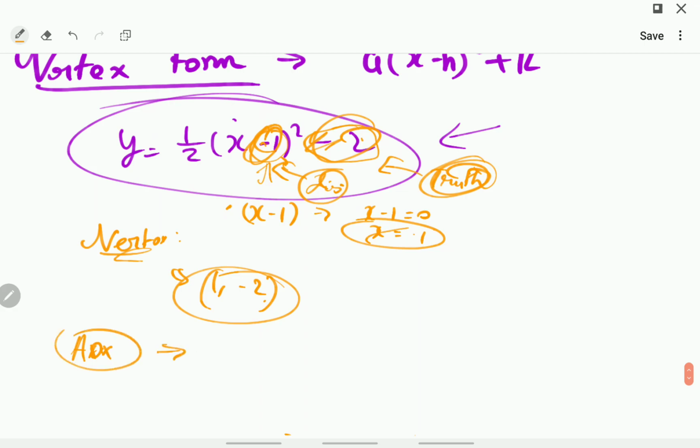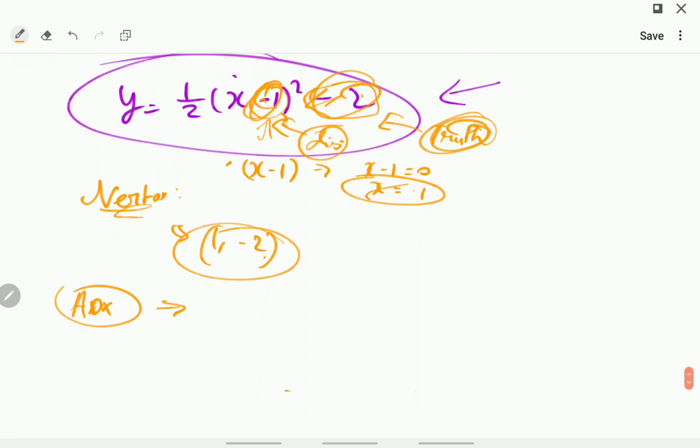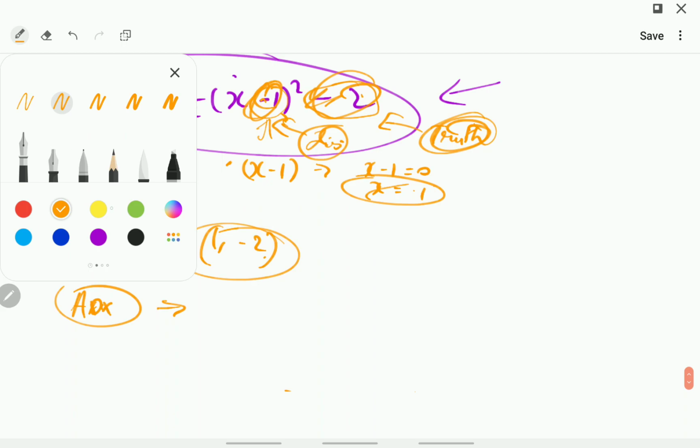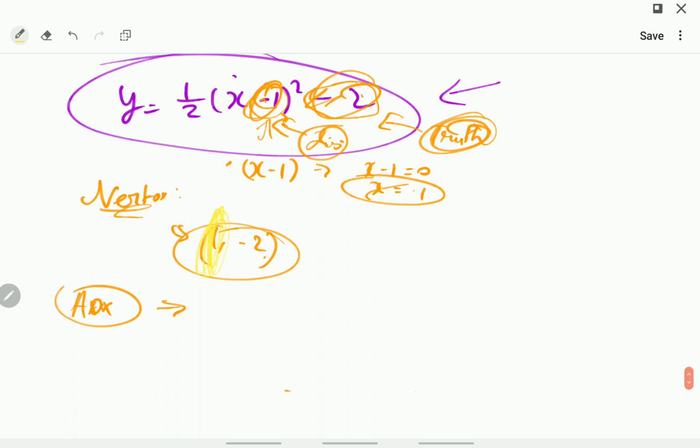Now where is the axis of symmetry? Well, the axis of symmetry for this graph is at 1. How do we know that? You know how we have the x value equal to 1 in this vertex? You know how the vertex is always right in the middle?